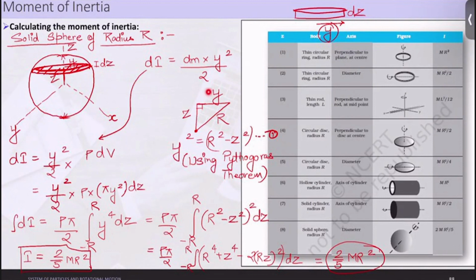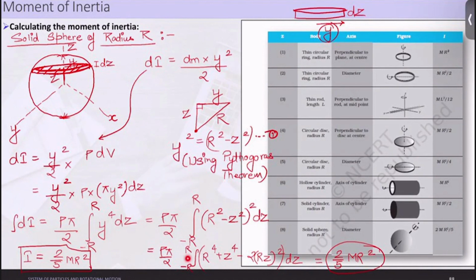Now using a simple concept of Pythagoras theorem, if this is y and this is z and this is r, we can write y square is equal to r square minus z square. Putting this value of y square here, y square whole square will give you r square minus z square whole square. What will be the limits? As you can see clearly, dz lies from minus r to plus r to cover this complete solid sphere.